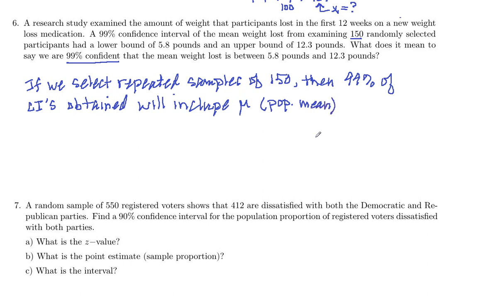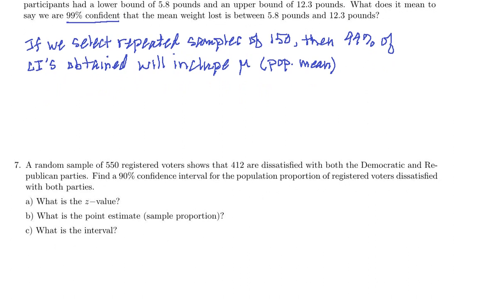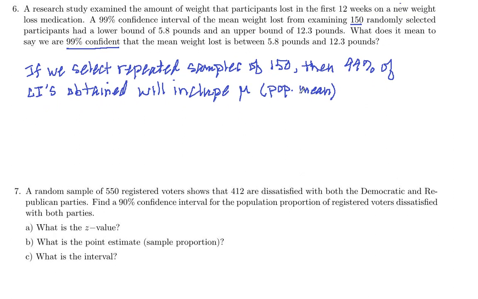So it's a probability statement about the proportion of confidence intervals that are going to contain that mean. And let's see here. So no computing there. Because it asks, what does it mean? What's the interpretation?